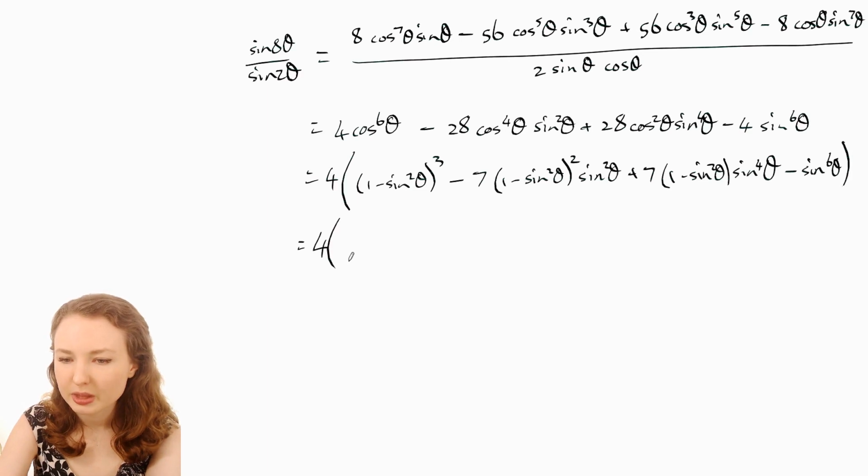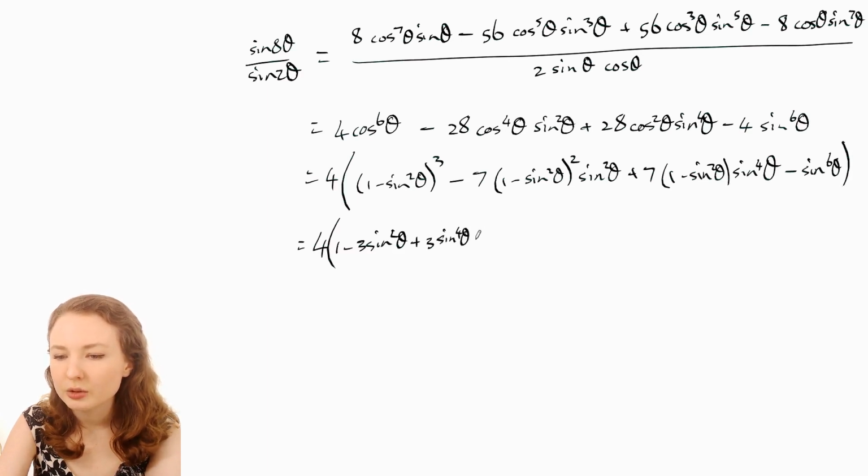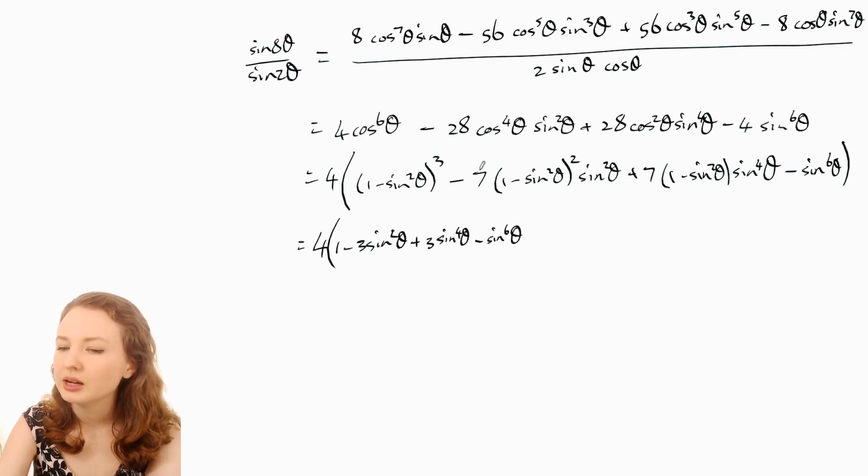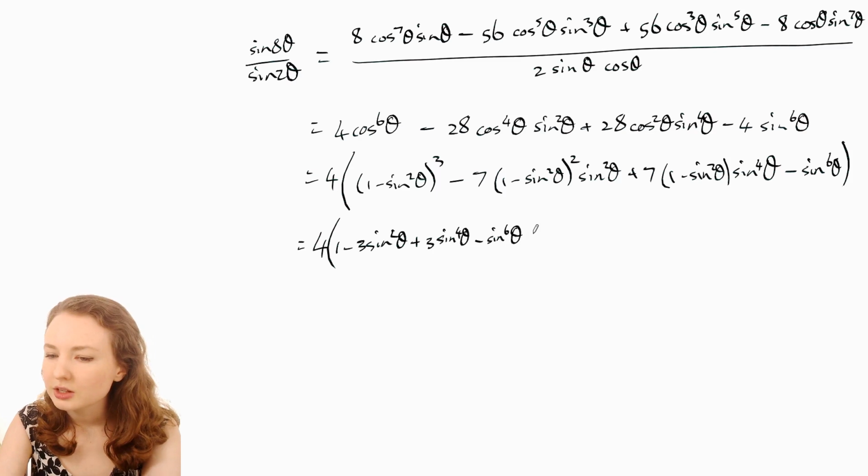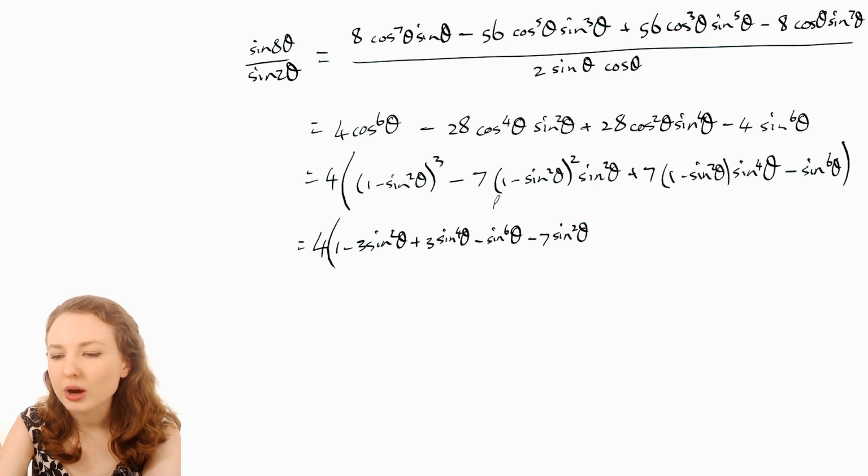So, 1 minus 3 sine squared theta plus 3 sine to the 4th theta minus sine to the 6th theta. And then we've got this bit, so minus 7 sine squared theta from that times that. So this is 1 minus 2 sine squared theta plus sine to the 4th theta.